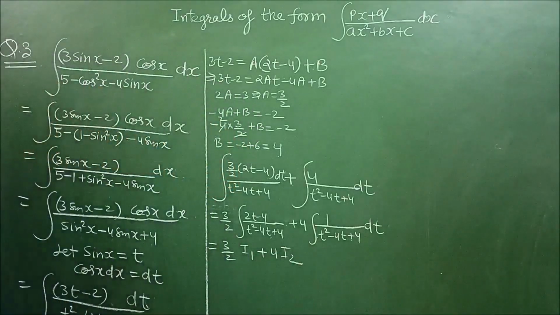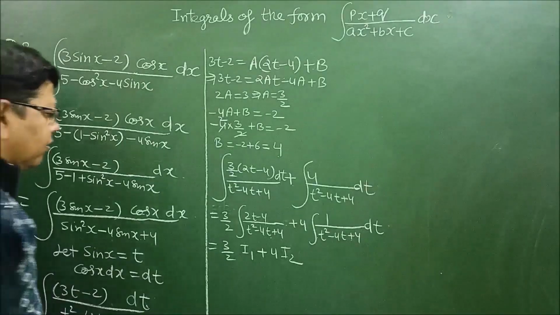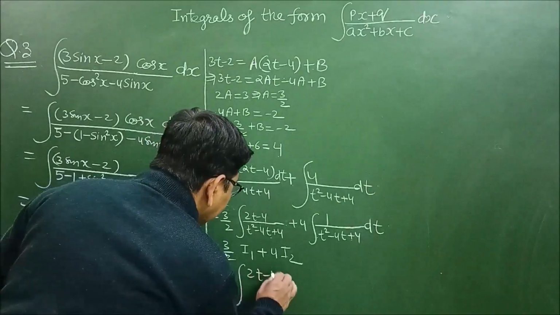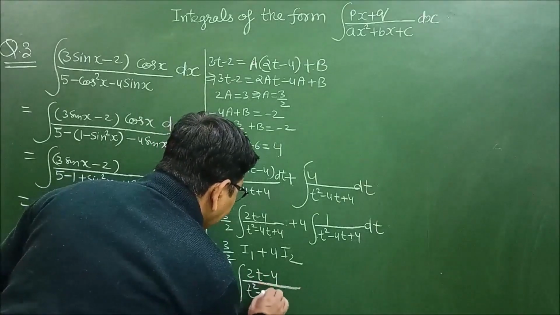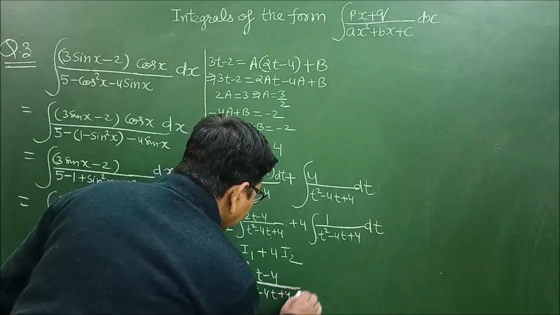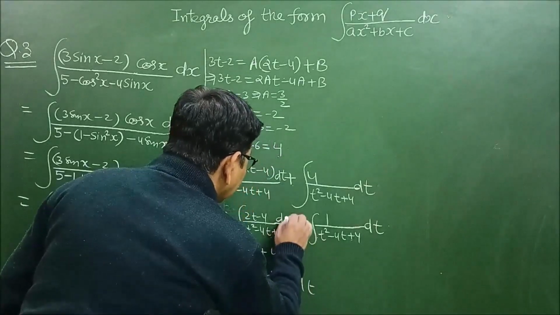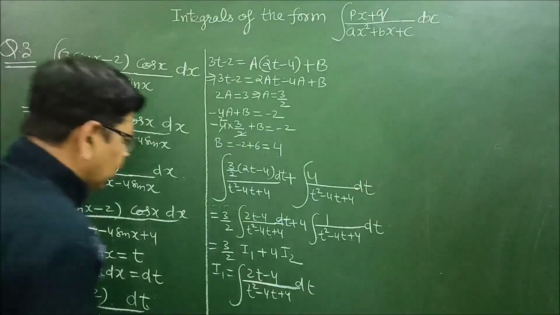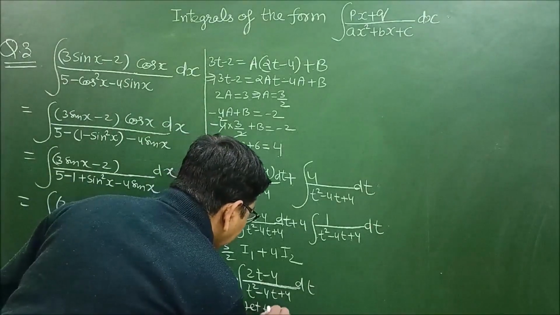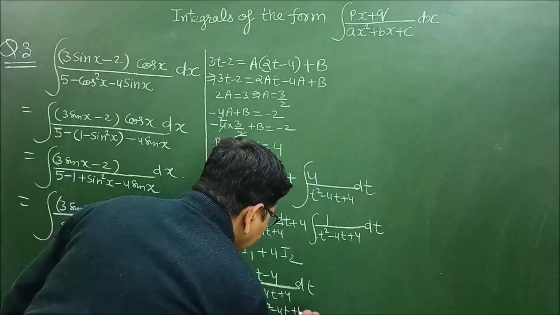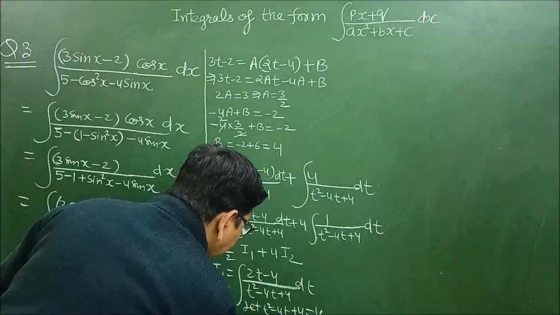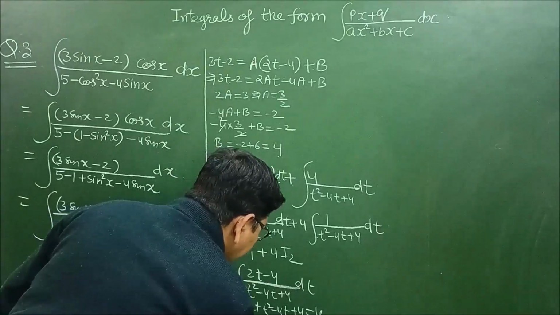And now let us solve the two integrals separately. I1 is equal to the integral of 2t minus 4 upon t square minus 4t plus 4 dt. Now let t square minus 4t plus 4 be equal to u. On differentiating both sides, 2t minus 4 dt is equal to du.